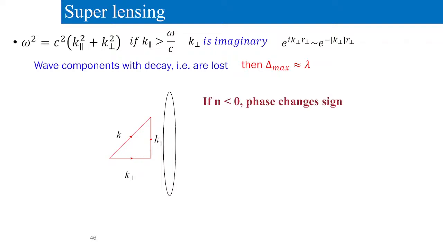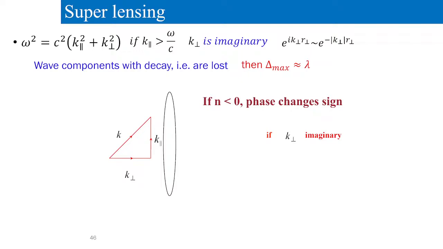Now we have the lens with negative refractive index, so n is less than 0. If n is less than 0, then the phase will change sign. So exponential i k perpendicular r perpendicular will become exponential minus i k perpendicular r perpendicular.